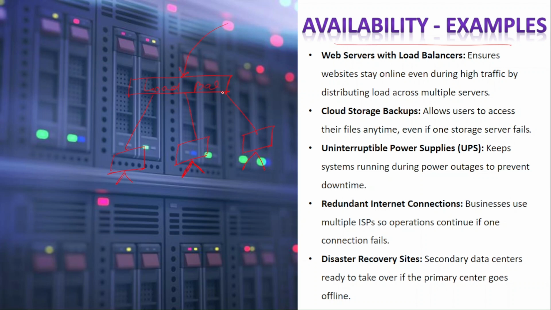Similarly, the other function of the load balancer is that if one of these servers fails or shuts down for any reason, the load balancer will stop sending traffic to this server, and instead the traffic will now be distributed among these two servers. And in modern systems, such as in the cloud, if one server fails, another server is automatically spun up so that the capacity is as per the requirements of the user.